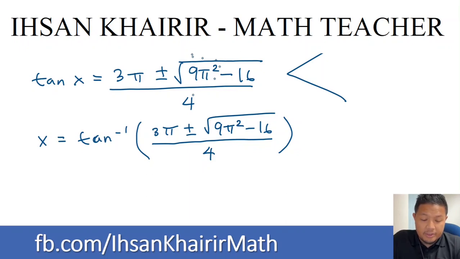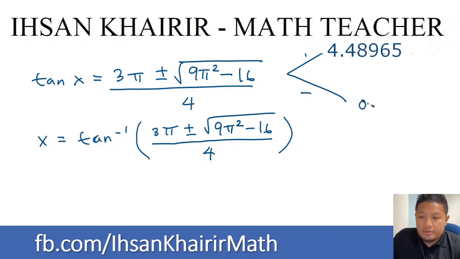If we use the plus, we will get 4.48965 approximately. And if we use the minus, we will get 0.2227.